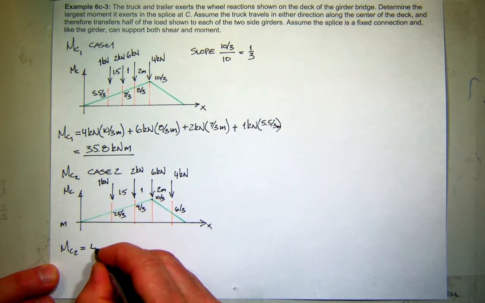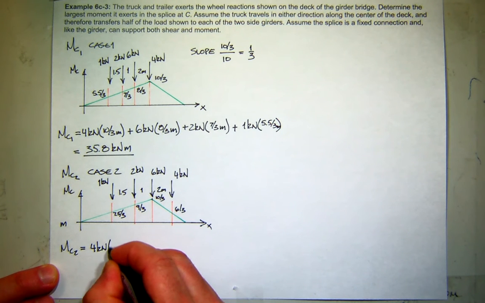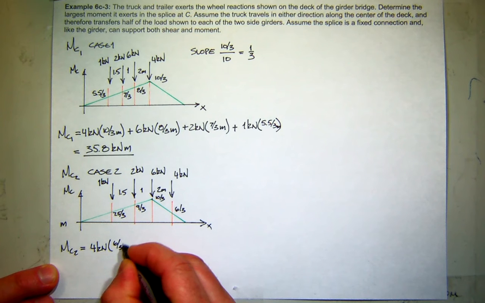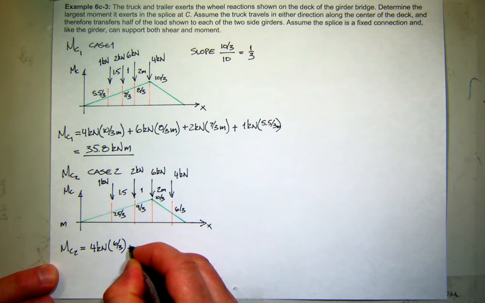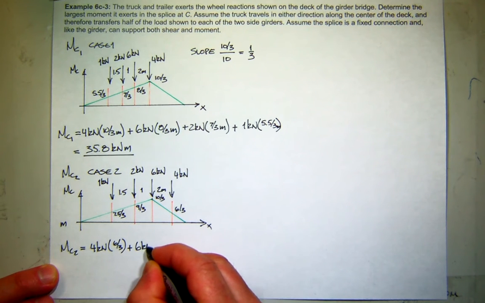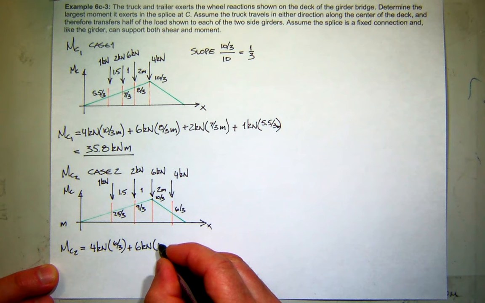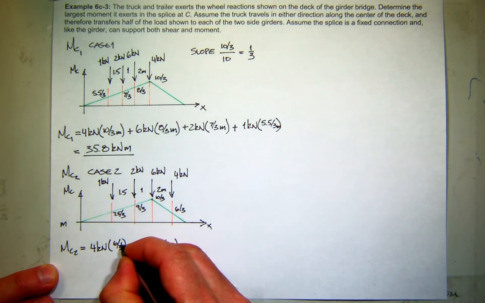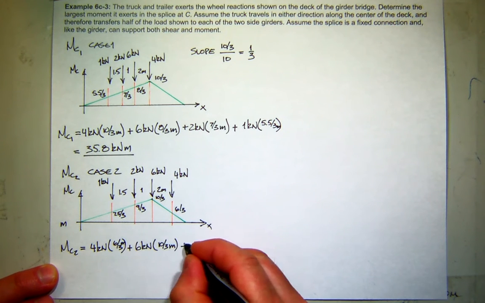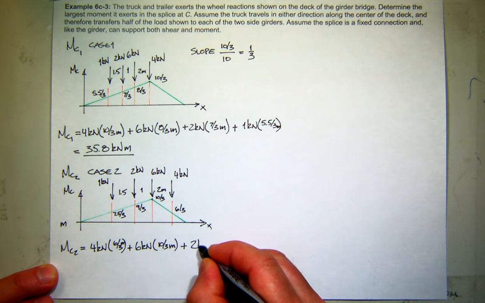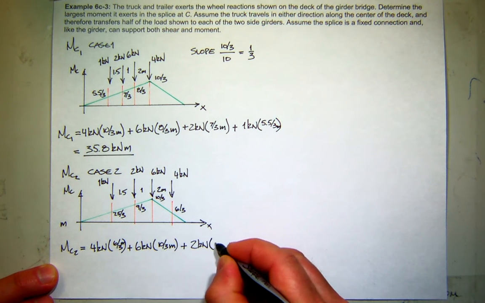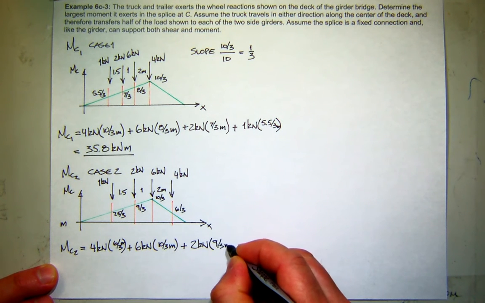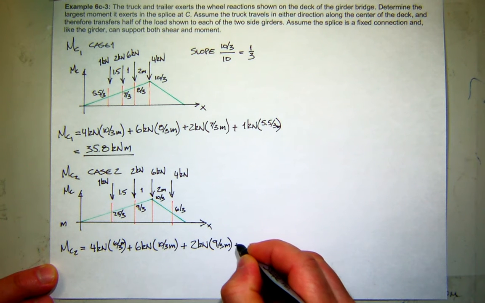So now I have my 4 kilonewtons times 6 thirds plus 6 kilonewtons times 10 thirds meters. I left the unit out here, it's meters. Plus 2 kilonewtons times 9 thirds meters.